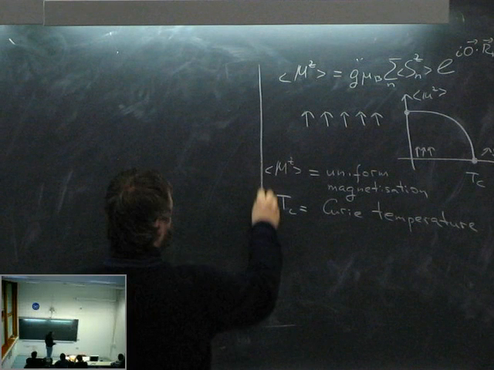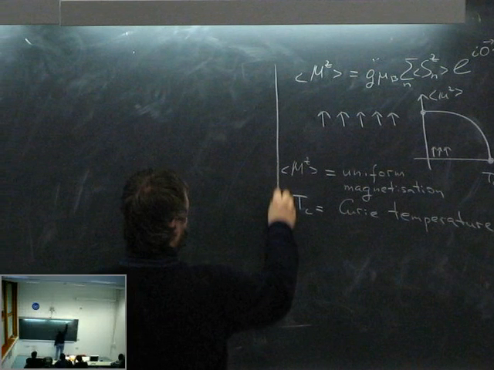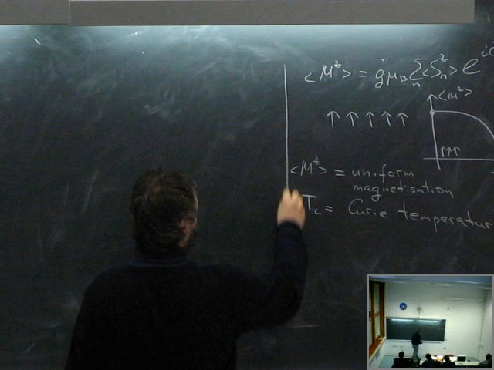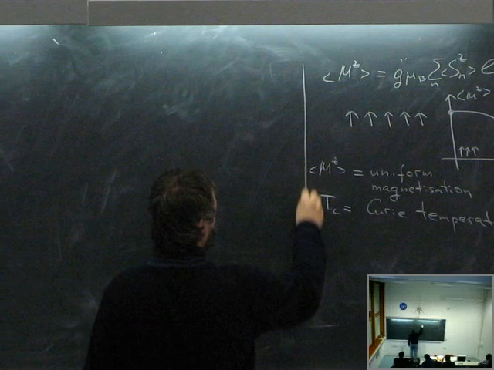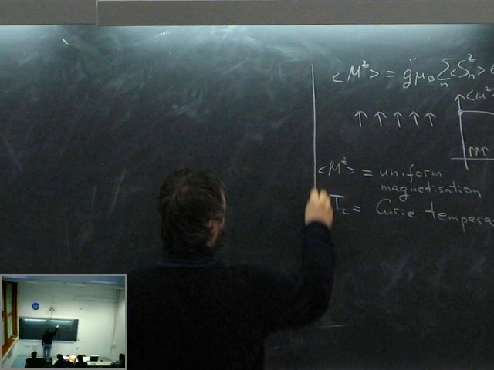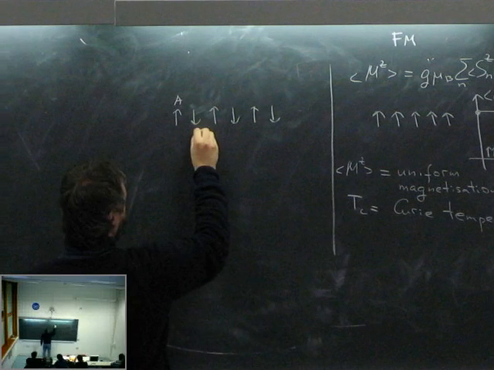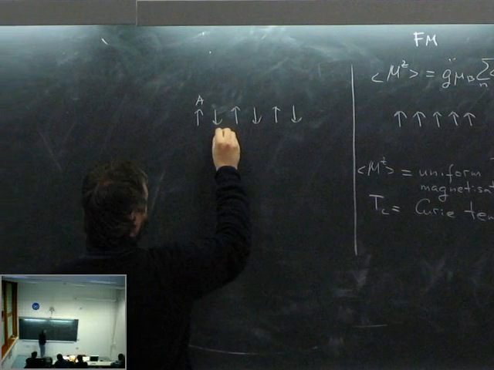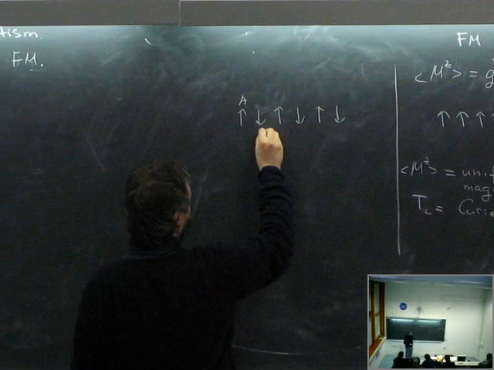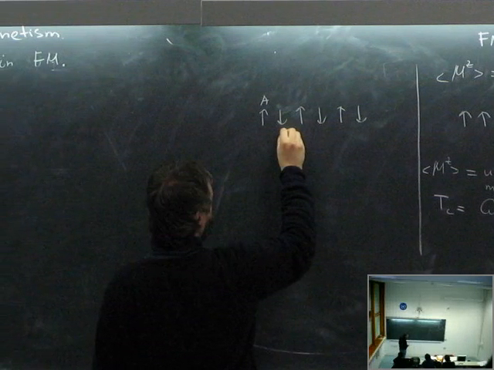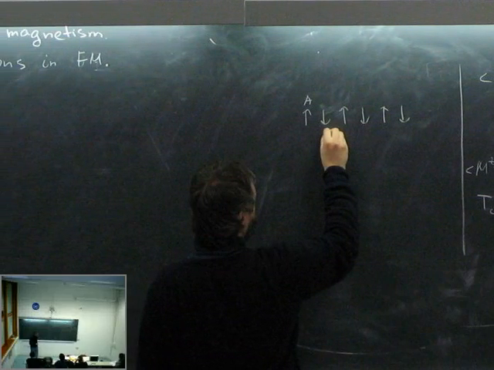What happens in antiferromagnets? So this was ferromagnets. For antiferromagnets, and we discussed it in more detail, there are two sublattices, A and B. And the exchange integral, for example, to describe this system, we take the value of exchange integral for nearest neighbor negative.